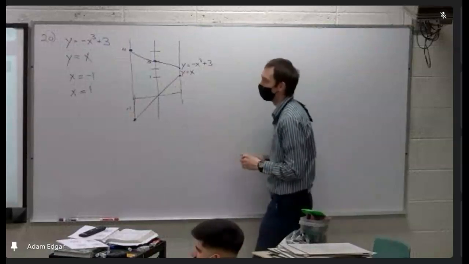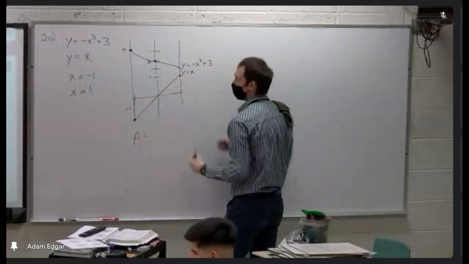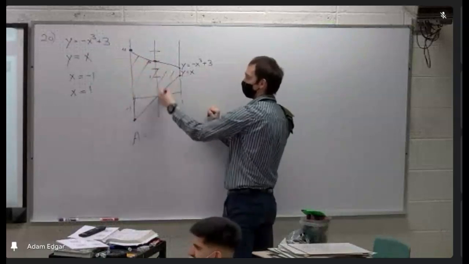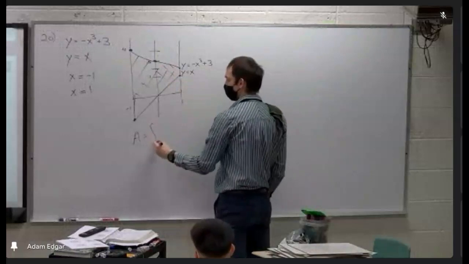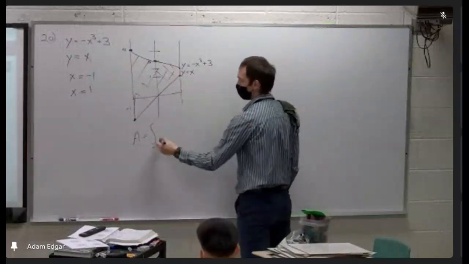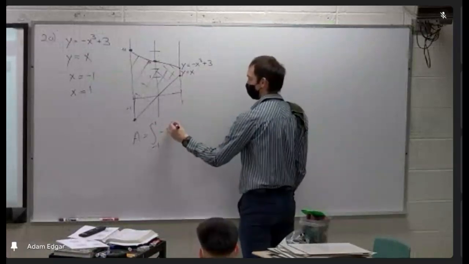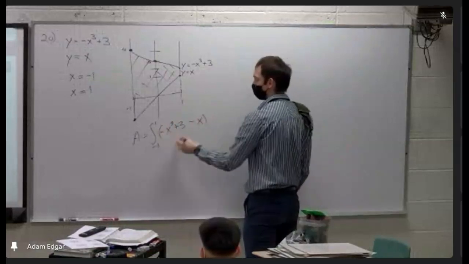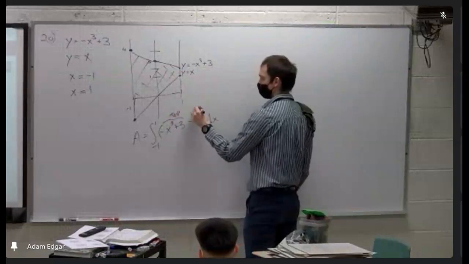So, area, anyway, so the enclosed space is all this stuff right here, right? So, integral is going to be, what are your bounds? Negative 1 to 1. Who's on top? Cubic guy. Who's on the bottom? So, this guy's top, this guy's bottom.